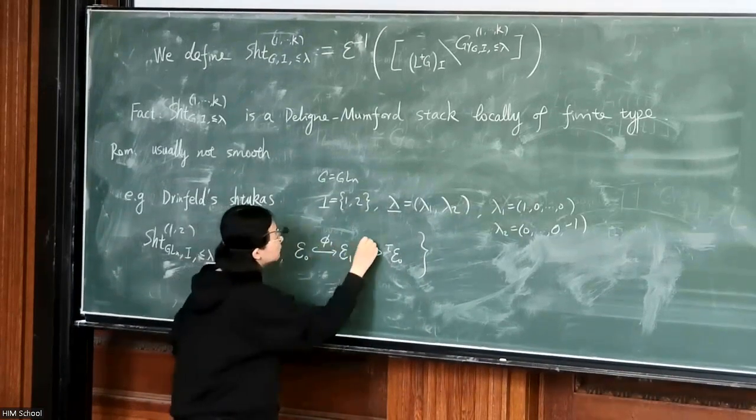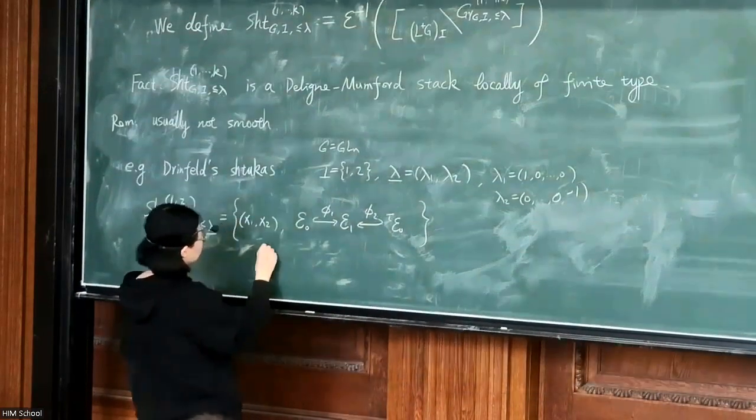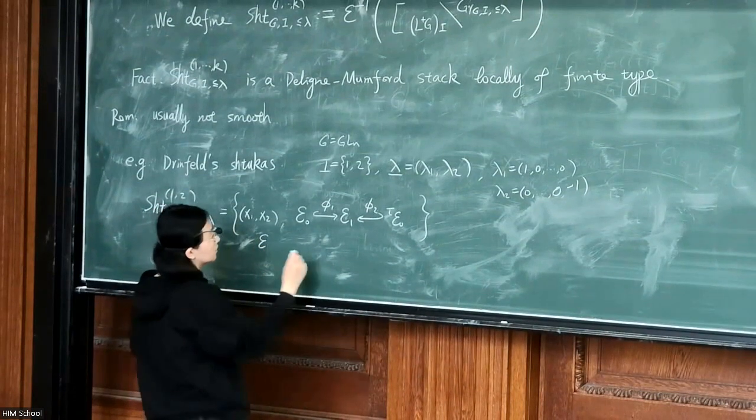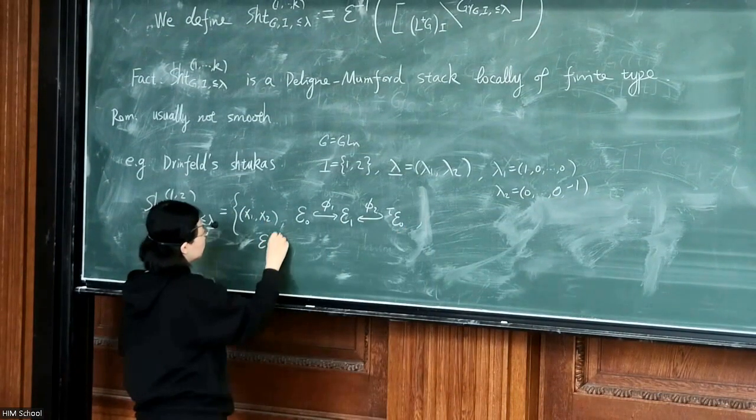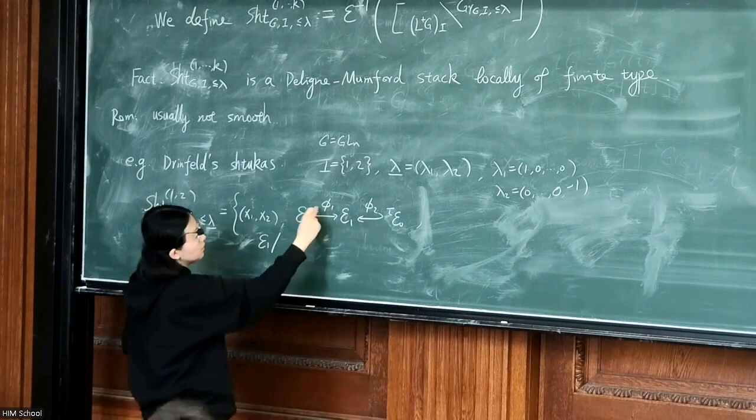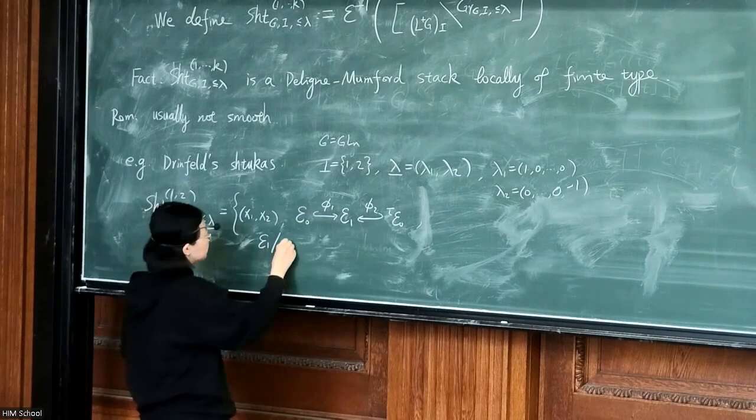We have phi 1, phi 2. And the condition is that this is a lower modification.